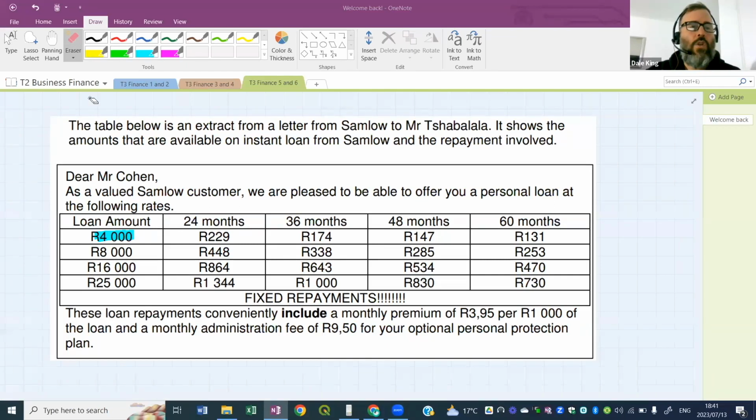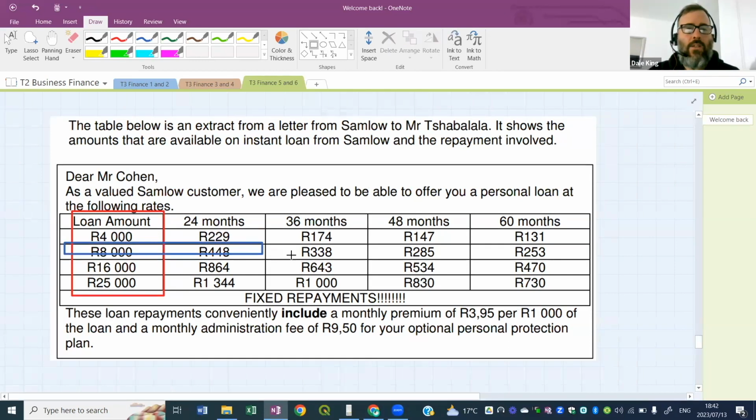All right, so we can take a loan. On the left-hand side here, these are the different loan amounts we can take. We can take a loan of 4,000, 8,000, 16,000, or 25,000 Rand. Let's say, for example, we're going to take a loan of 8,000 Rand. So now we're going to look across, in the blue rectangle.